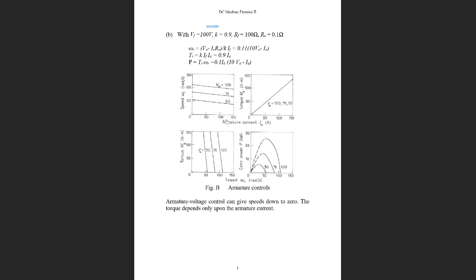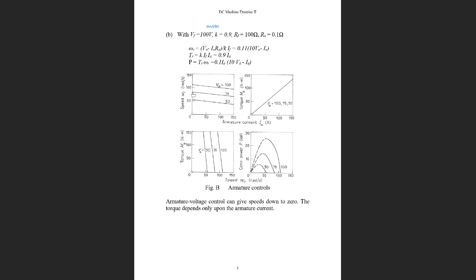As the armature current increases to about 150 amperes, the motor speed gets down slightly, to around 100 radians per second. However, when the armature voltage gets down to 75 volts, the no-load motor speed gets down by about 25%, to about 80 or something like that.